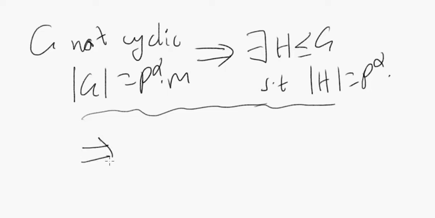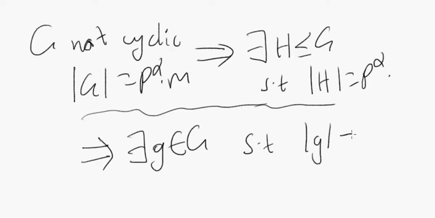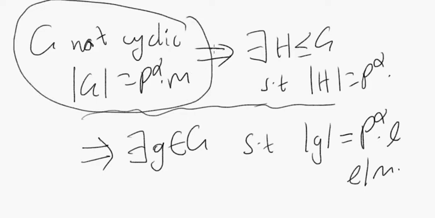We saw last time that perhaps if instead we showed that if G is not cyclic and the order of G equals p to the alpha times m, and we have some element little g in G such that the order of little g equals p to the alpha times L, where L is some divisor of m, that appears to be sufficient to prove the case when G is not cyclic.